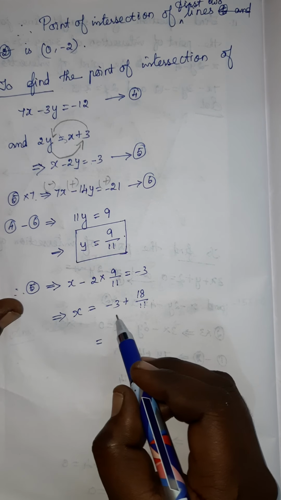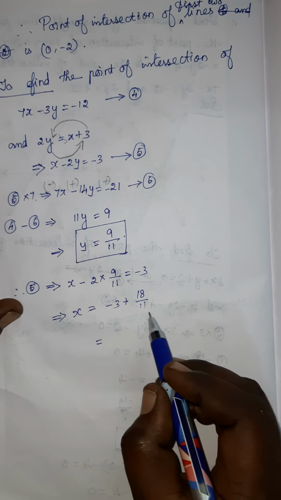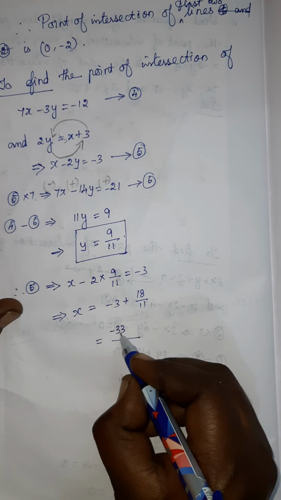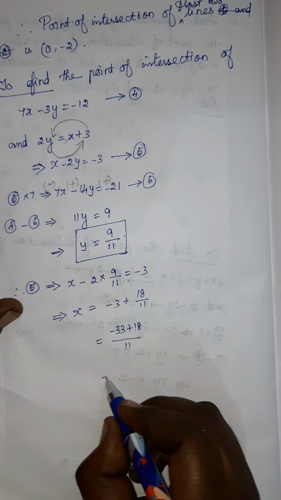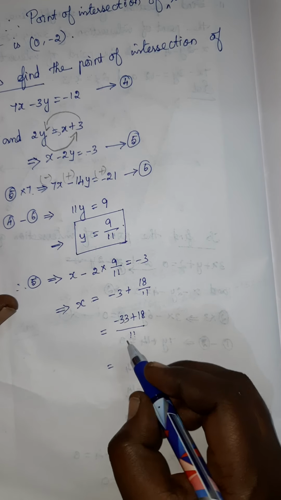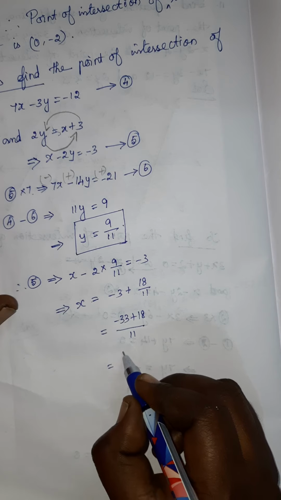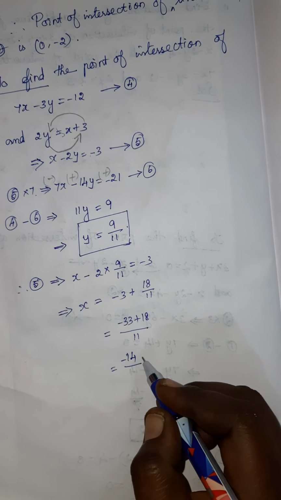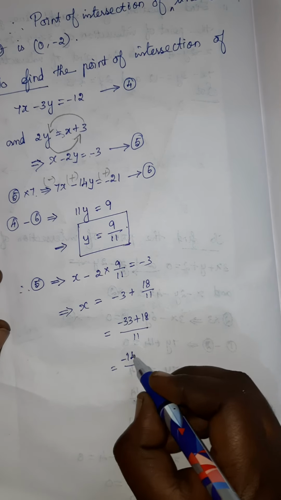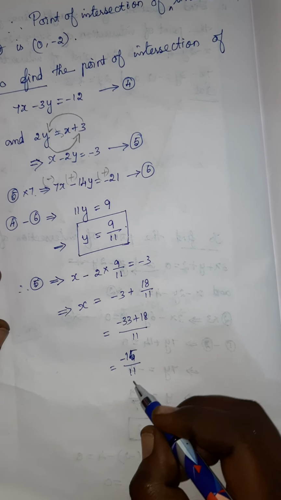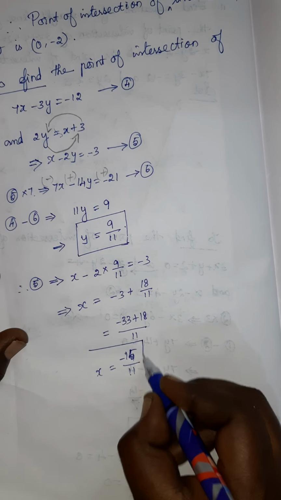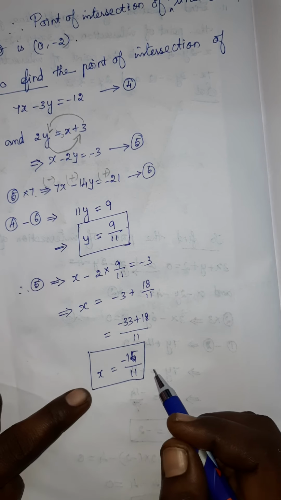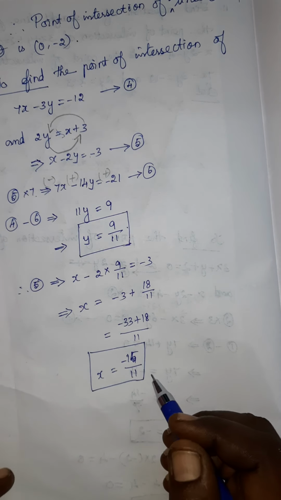Find the LCM. Here the denominator is 1, so the LCM is 11. 11 into 3 minus 33 plus 18. So we will get minus 14 divided by 11. Not 14, 15. Minus 15 divided by 11. So that is the x value. So y is equal to 9 by 11 and x is equal to minus 15 by 11.